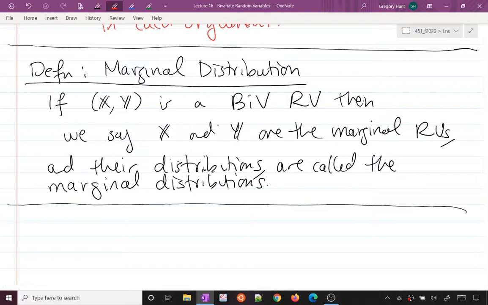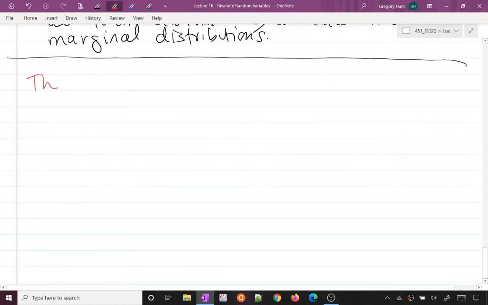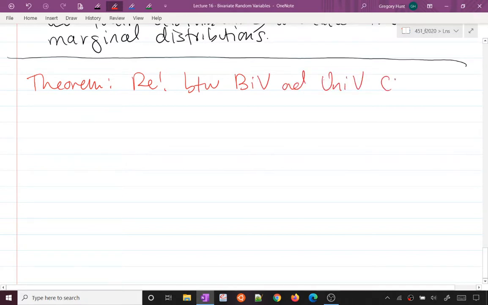And there are some relationships between the bivariate CDF and the univariate CDF. So let's write that theorem down. Let's say relation between bivariate and univariate CDFs.